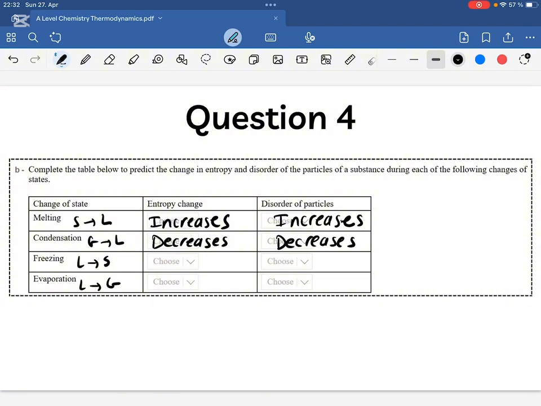We're going then from liquid to solid, and the solid has less disorder, so it's the same as above, decreases, and the disorder is also going to decrease. Now from liquid to gas, the entropy change is going to increase. Gases are the most random state. They have the highest disorder. So this increases and this also increases.